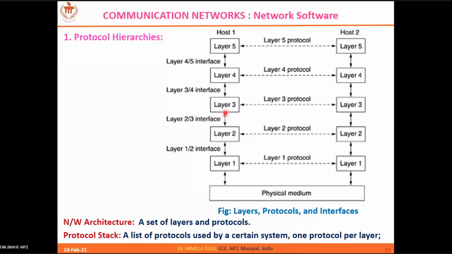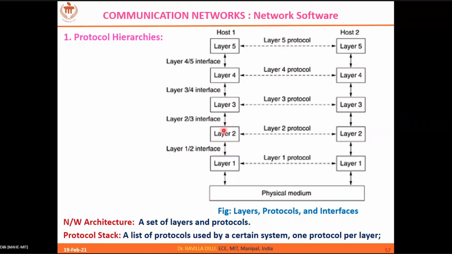Similarly, being layer n, I will come to know what services layer n minus 1 can offer to me. How I can come to know is through the interface. Okay, so that's the definition for understanding the interface.